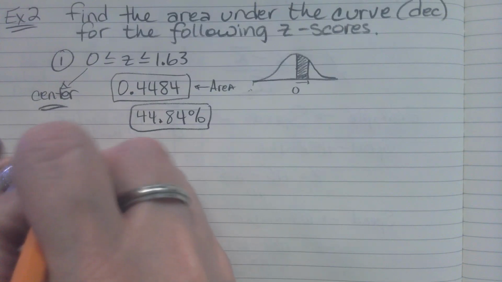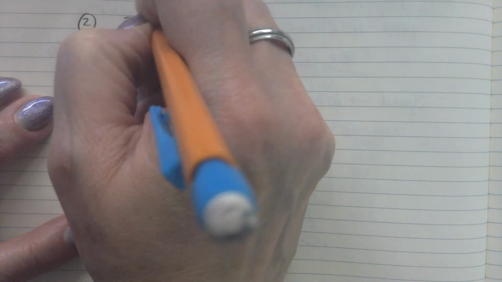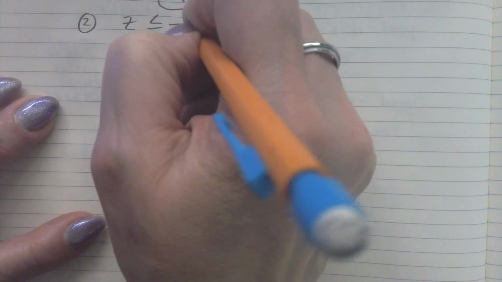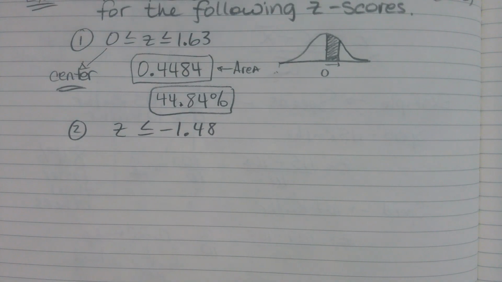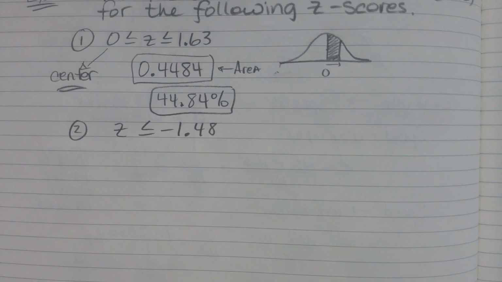How about this one? How about I go from Z is less than or equal to negative 1.48. I want everything that's less than or equal to negative 1.48.